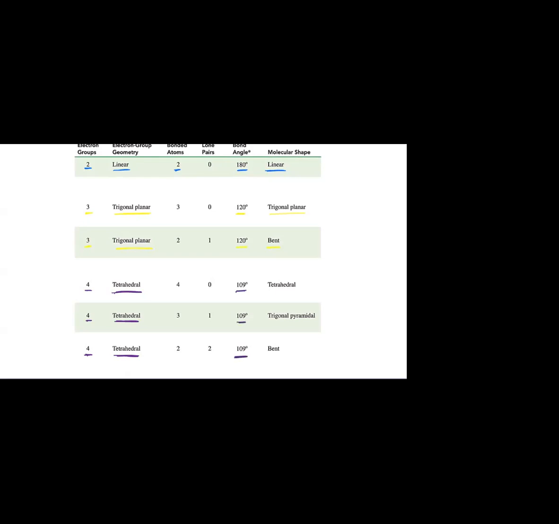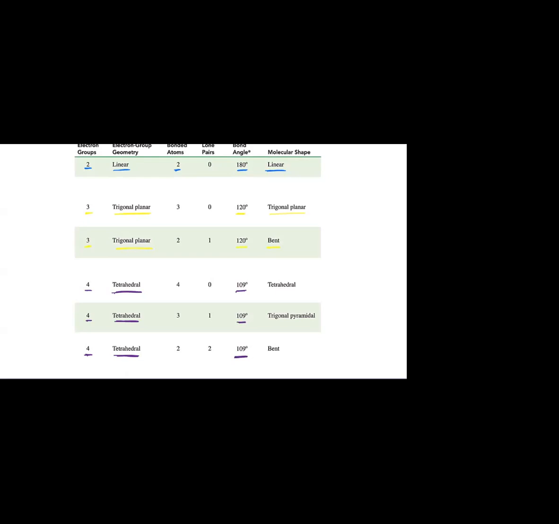Now I want to specify this for students that have taken chemistry 100, or high school chemistry. In this course, I simplified this concept by saying if something is tetrahedral, it's 109.